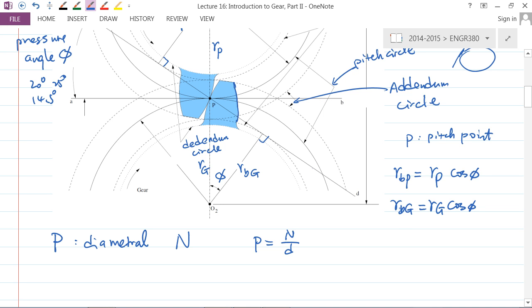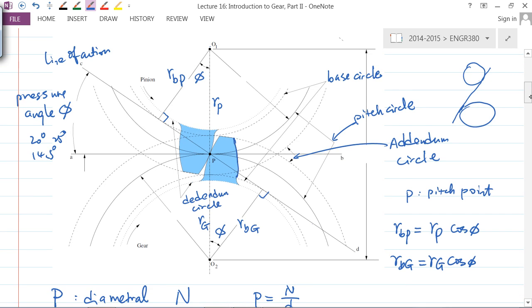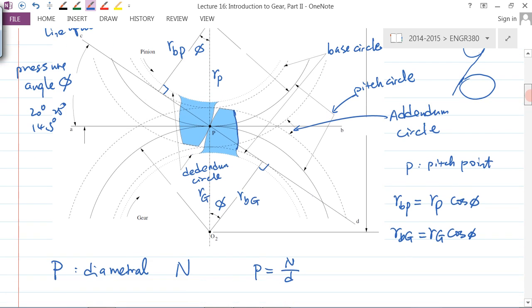I think that's all the terminology on this line. The other thing I need to point out is the gear profile: the portion of the profile between the base circle and the addendum, I call involute.